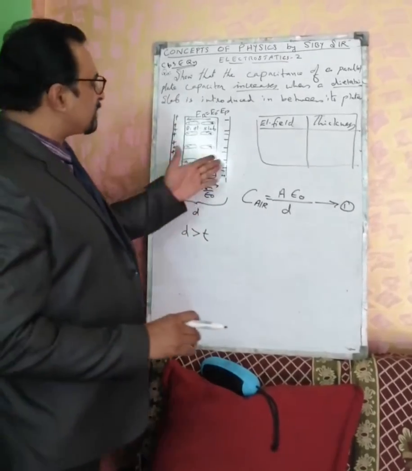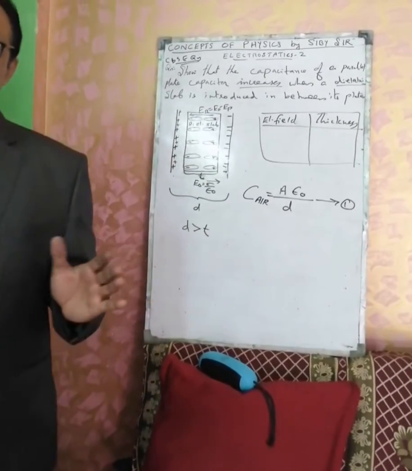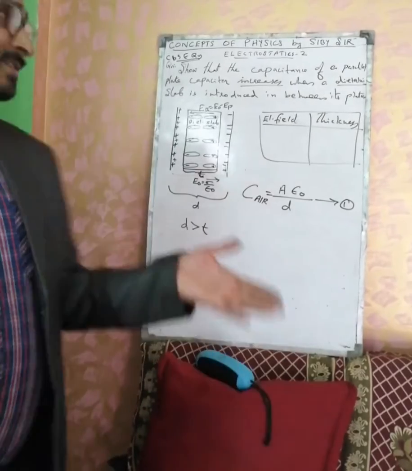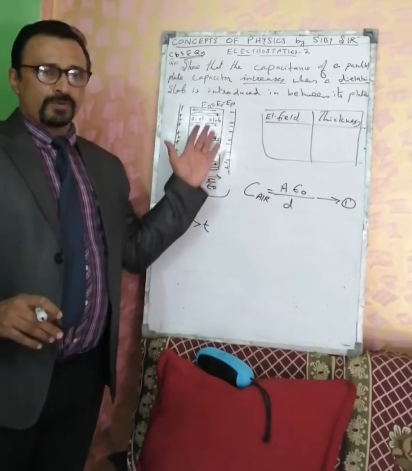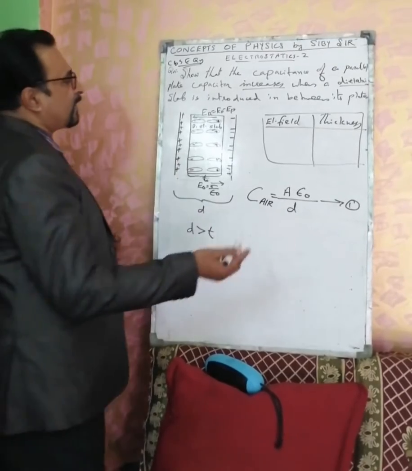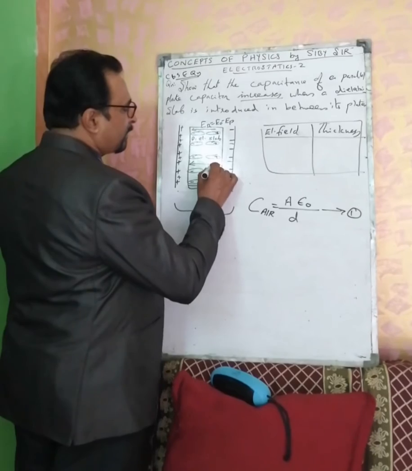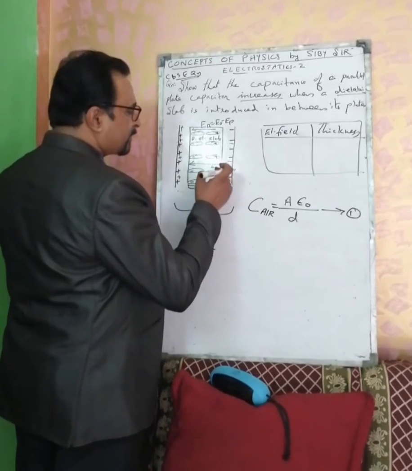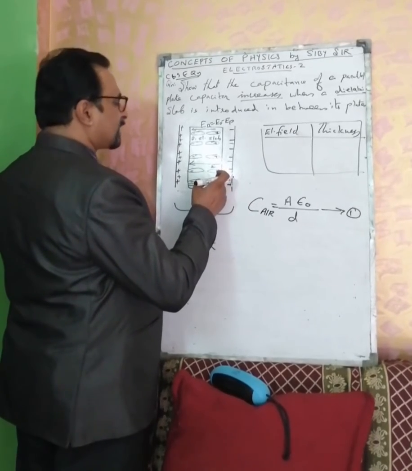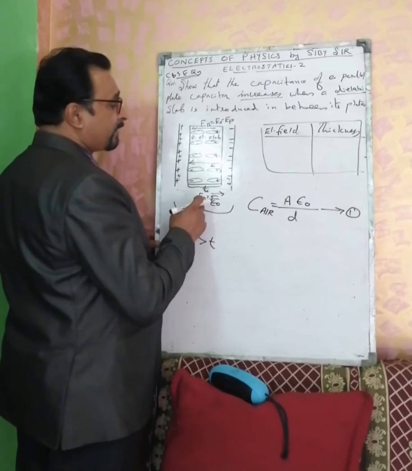As the dielectric slab is introduced between the plates, which phenomenon suddenly happens? There is polarization, the stretching of the atoms and molecules due to the influence of the electric field. Because of that polarization, a small opposite electric field is developed from the positive side of the dielectric slab to the negative side of the slab, opposite to the applied electric field E naught.